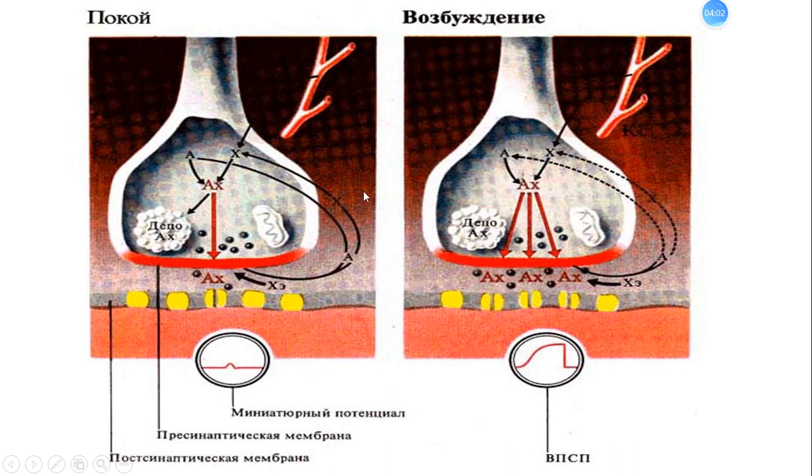And here we have one scheme. Here this is normal, non-excited, and here is excited. We call it excitatory postsynaptic potential.